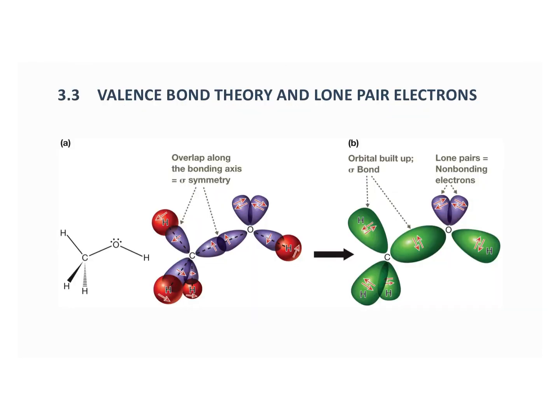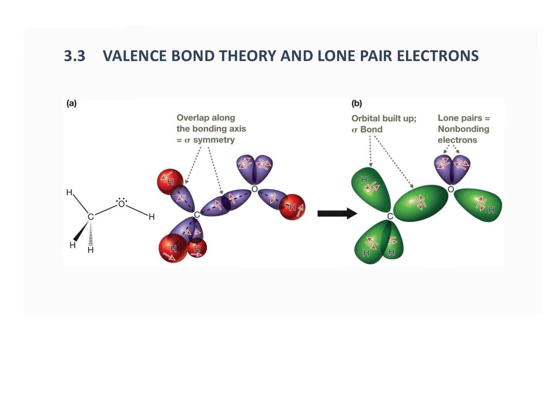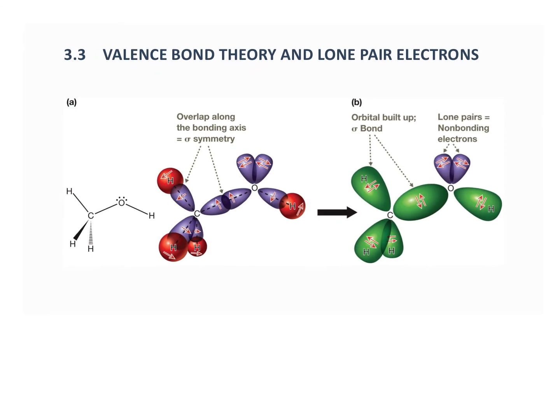So let's talk about valence bond theory and how it applies to lone pairs. So we've used valence bond theory to describe alkanes, which have all single bonds and no lone pairs. Let's look at methanol, and it's important to realize in methanol, we have an oxygen here with 2 lone pair electrons. So the carbon atom right here has tetrahedral geometry. So we can identify that immediately as being sp3 hybridized.